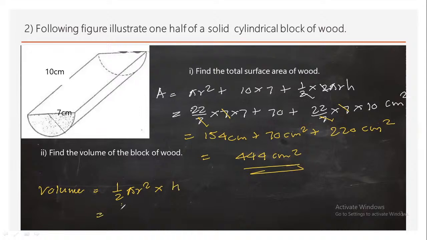Divided by 2. Half into 154 into 10 cubic centimeter. Then it means 770 cubic centimeter. That is 770 cubic centimeters.